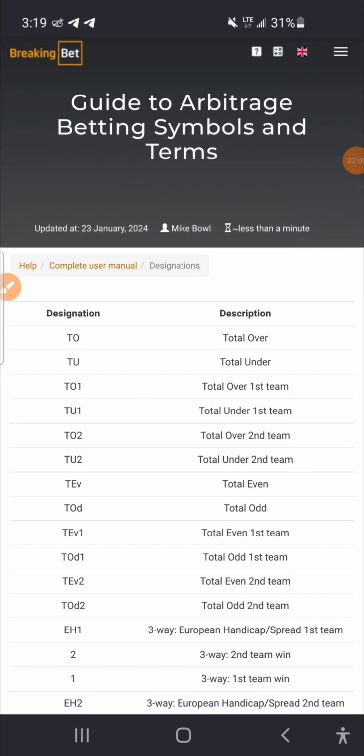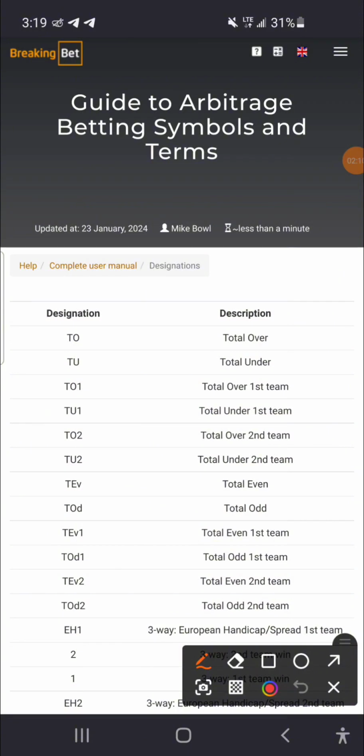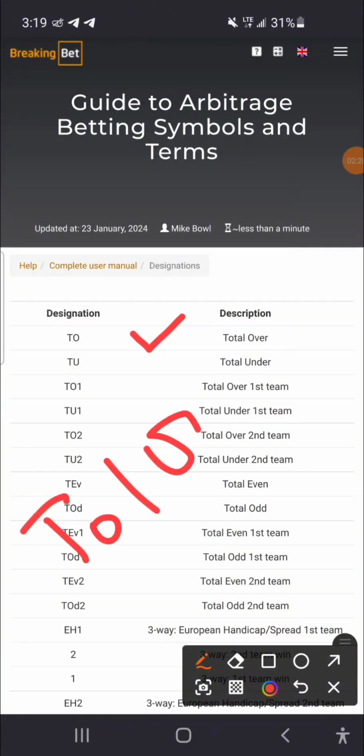You can see this one from the beginning, TO. Whenever you see TO, I know most of you know about this, it is total over. So maybe if they tell you to play total over 100, it simply means total over 100. They didn't mention a team. But whenever you see maybe TO1, it means total over 100 for the home team.